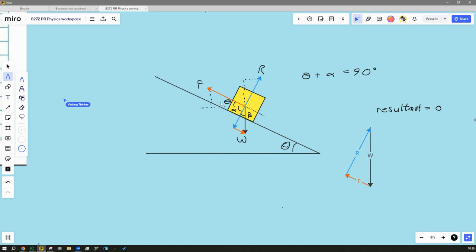So we can also see from this dotted line and the weight that alpha plus beta is equal to 90 degrees. Well, now you should be able to see, if beta plus alpha is equal to 90 degrees and theta plus alpha is equal to 90 degrees, clearly beta has got to be the same as theta.